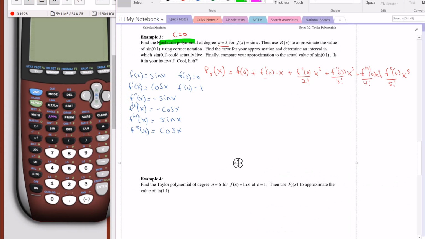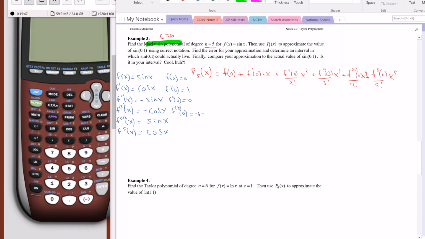Sine of 0 is 0 still, so this one is going to be 0. This one is going to be negative 1, right? Cosine of 0 is 1, and then you apply the negative, you get negative 1. And then the 4th derivative is sine again, so it's back to 0, and the fifth derivative is back to 1.